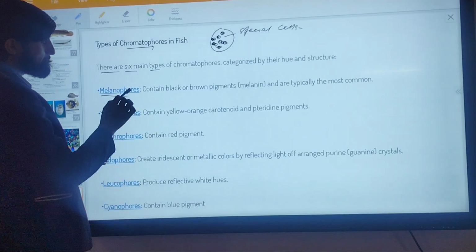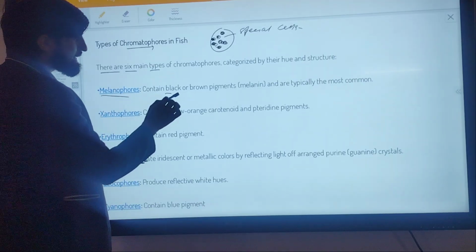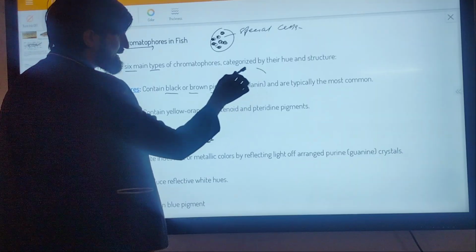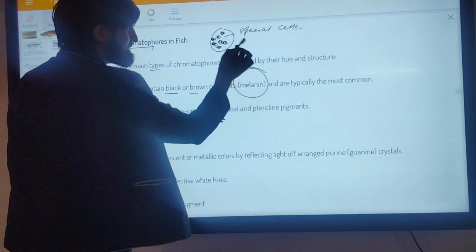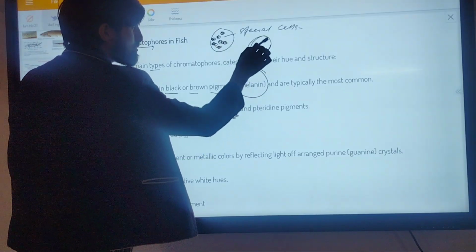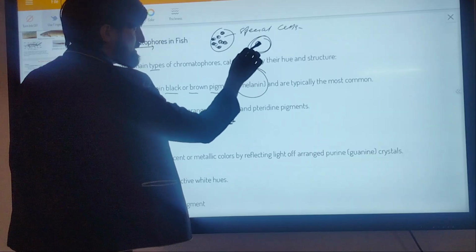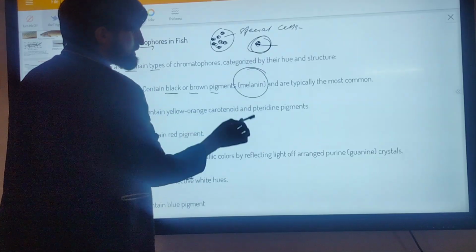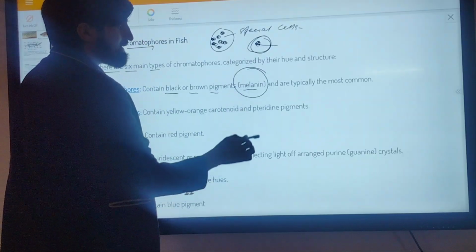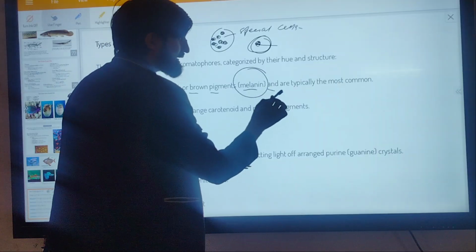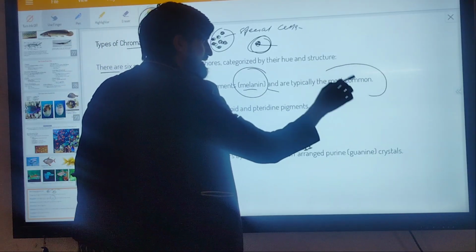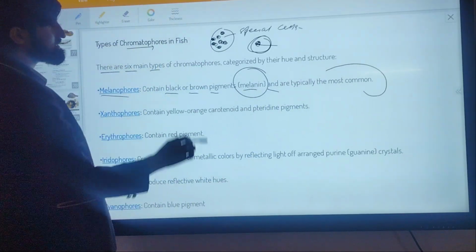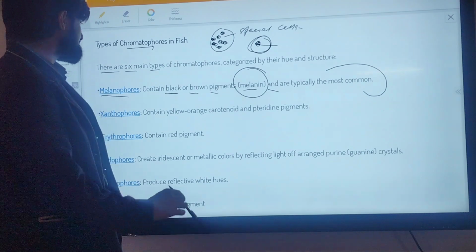Melanophore, because of the presence of a black-brown pigment called melanin. This is a chromatophore that contains a black pigment, so we call it melanin, and it is responsible for black color. This is present in most fish and is the most common pigment present in the chromatophores.